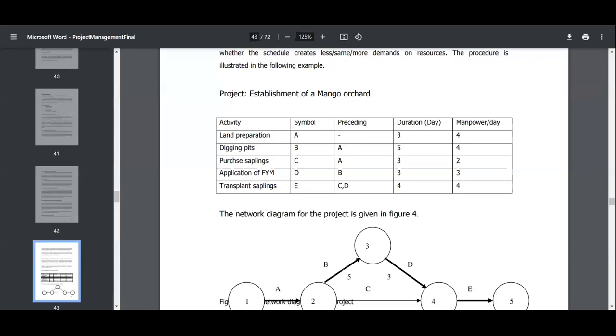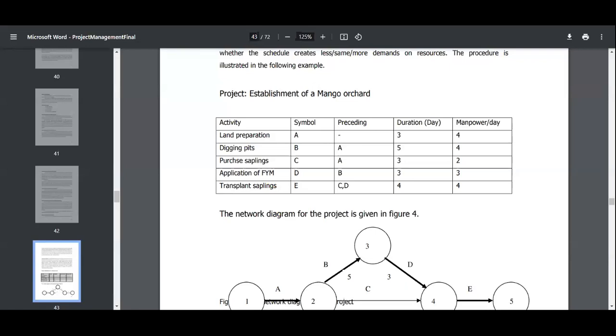So you dig the pits in that particular area which you will use for that project. It's called B. Its predecessor is A, the duration is 5 days, and manpower required is 4 to 5.